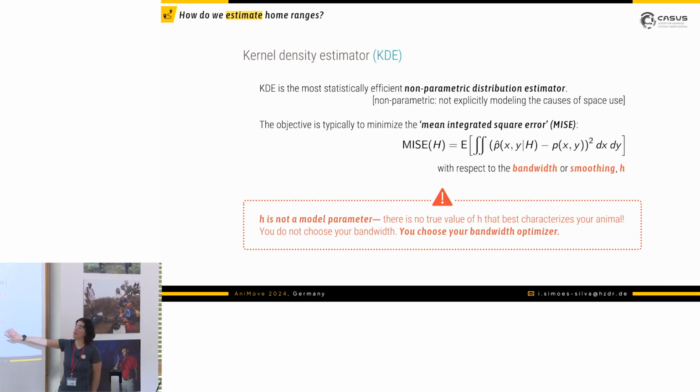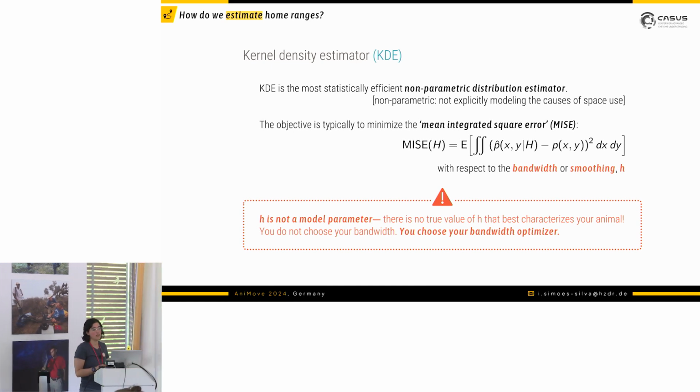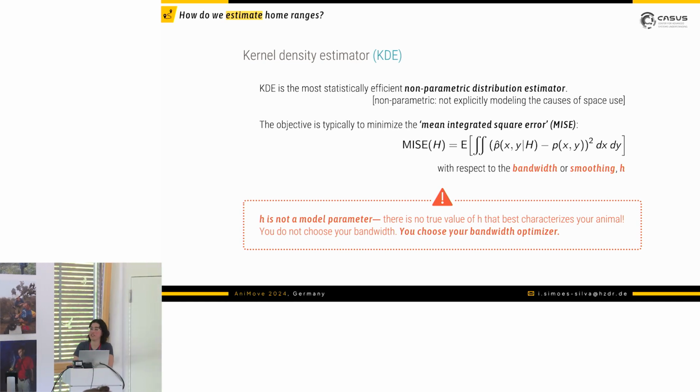But yeah, there's not a true value of bandwidth that reflects your animal. It's not saying your species or your animal has a bandwidth value of this and this is always going to be the case, right? What you're trying to choose correctly here is the bandwidth optimizer, not the bandwidth value itself.